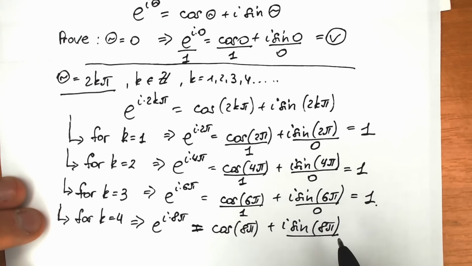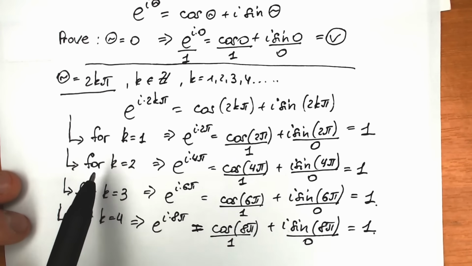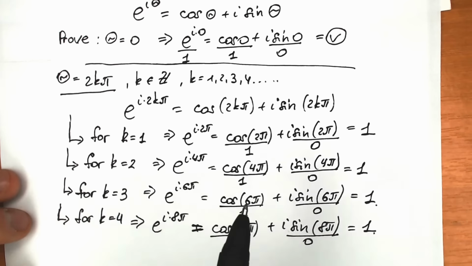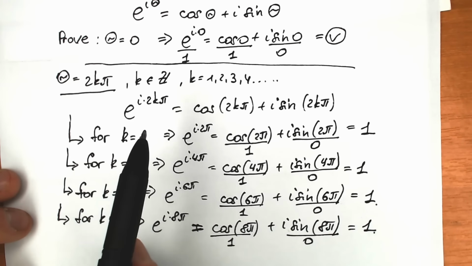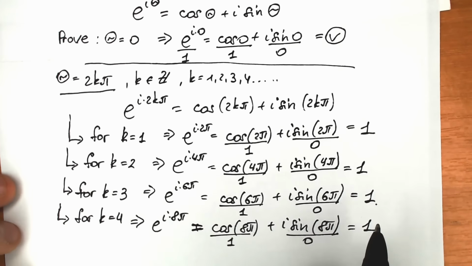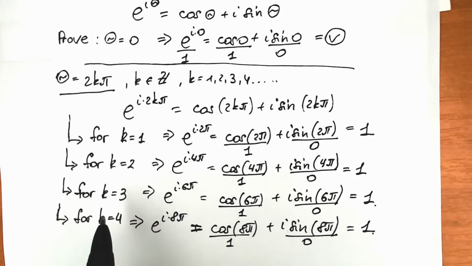The same thing: sine 8π equals 0 and cosine 8π equals 1. As a result, 1 plus 0 equals 1. As you can see, we can easily see this pattern. When k is an integer, on the right side all the time we have 1, 1, 1, 1, and it doesn't matter what the expression on the left side is. As a result, we have all the time 1 when k is 1, 2, 3, and 4.